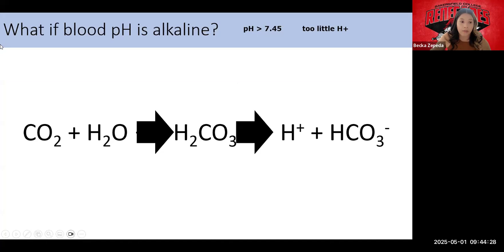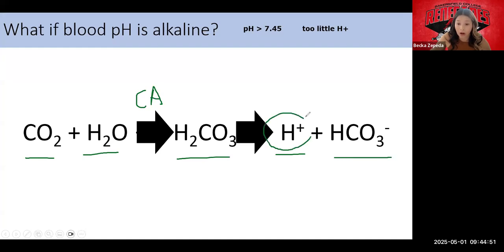We are going to combine CO2, and I'll do this in a different color so we can mark the changes. We are going to combine CO2 with water with the use of carbonic anhydrase to make carbonic acid, and then that carbonic acid is going to dissociate into a hydrogen ion and a bicarbonate ion, and that makes more of these free-floating hydrogens.